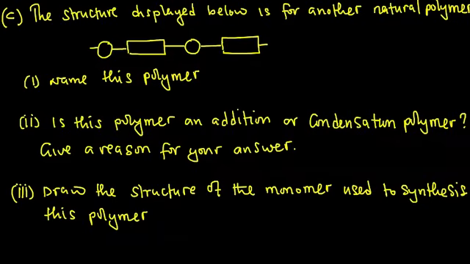The structure displayed below is for another natural polymer. Name the polymer. So this structure is for another polymer. What is the name of the polymer? So the polymer is carbohydrate, since we are talking of natural polymers.